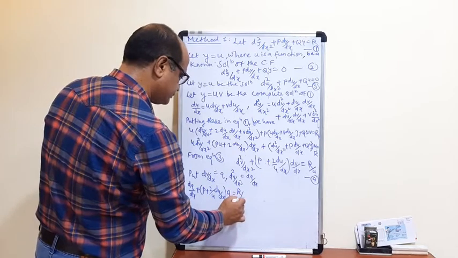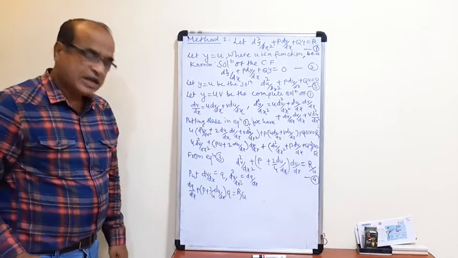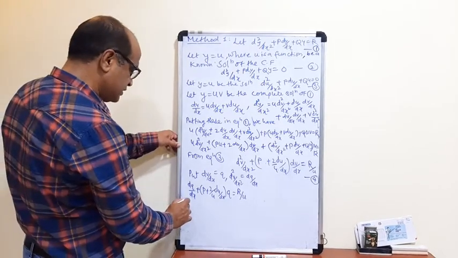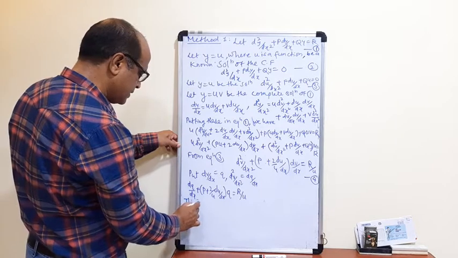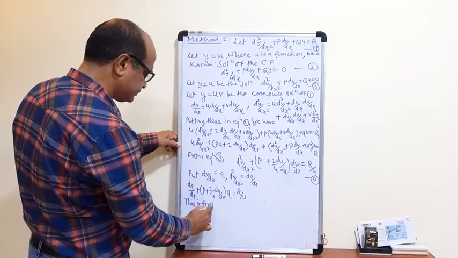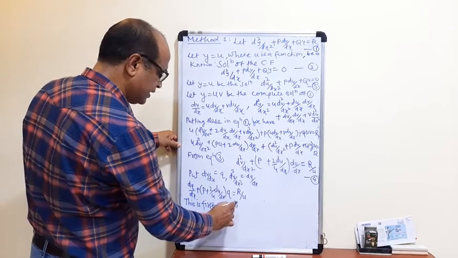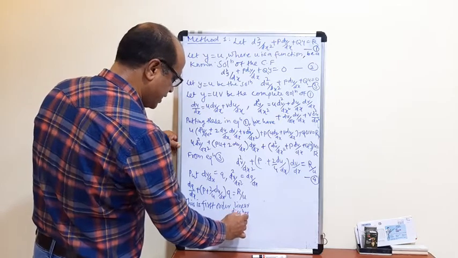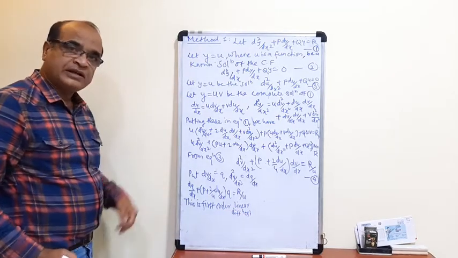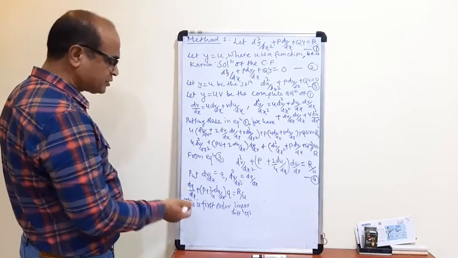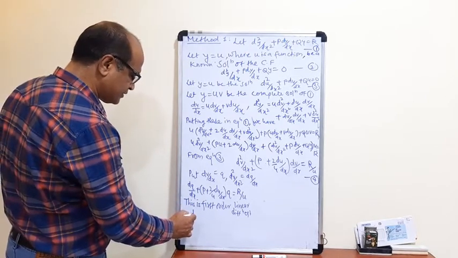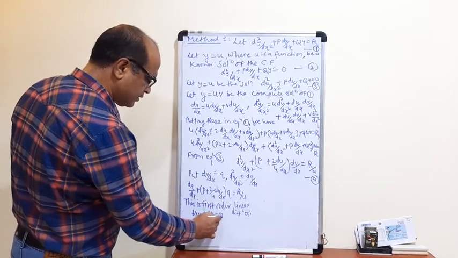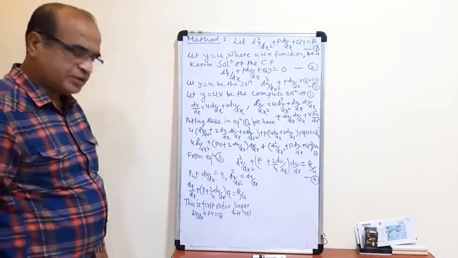So this is a first order linear differential equation. How to solve this first order linear differential equation? You know that it is of the form dy by dx plus py is equal to q.